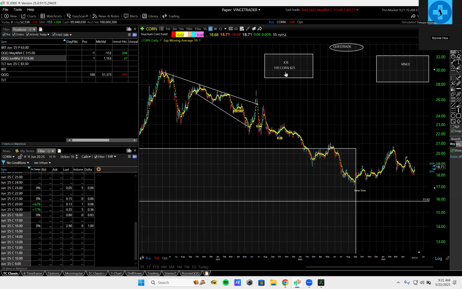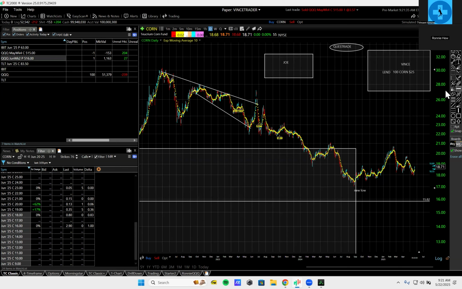So when you borrow these shares, Questrade says, you want to borrow shares to short? No problem, I found some. So Questrade will lend you these shares. Lend means it's not yours, and you have to give it back. That's the legality of lend.